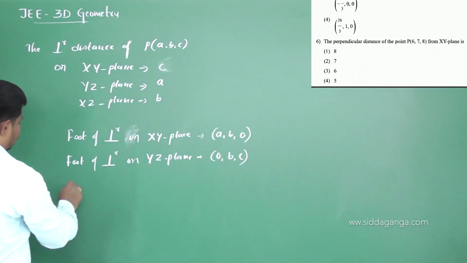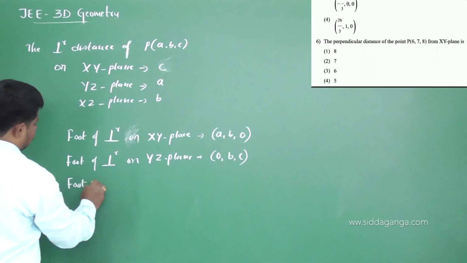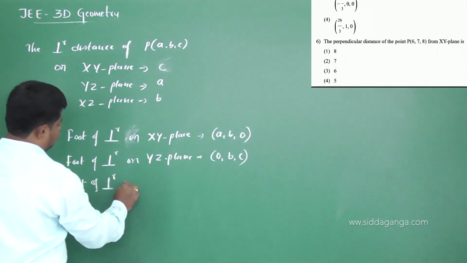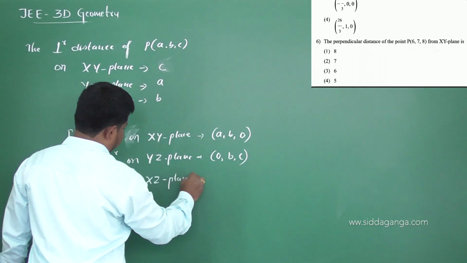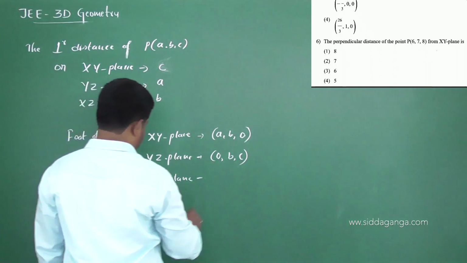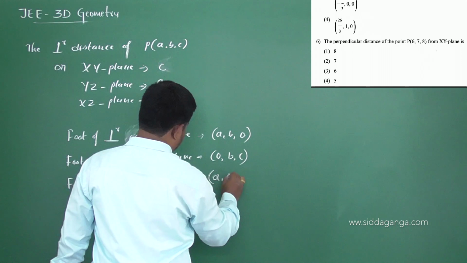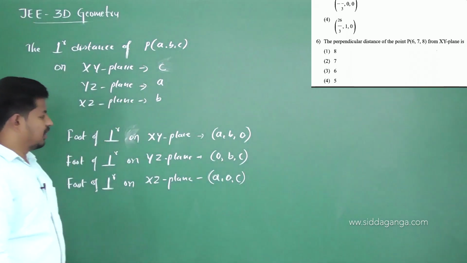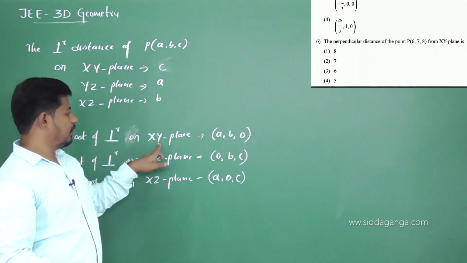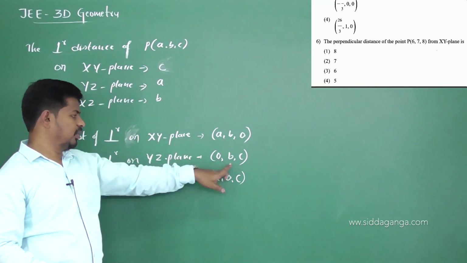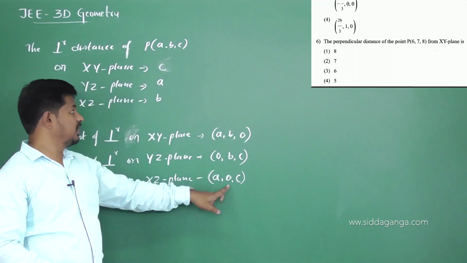In the same way, the foot of the perpendicular on the xz plane is (a, 0, c). These are the feet of the perpendiculars drawn from the point P on the xy plane (a, b, 0), yz plane (0, b, c) and xz plane (a, 0, c).